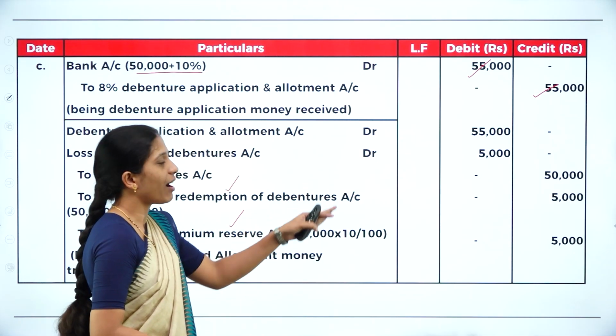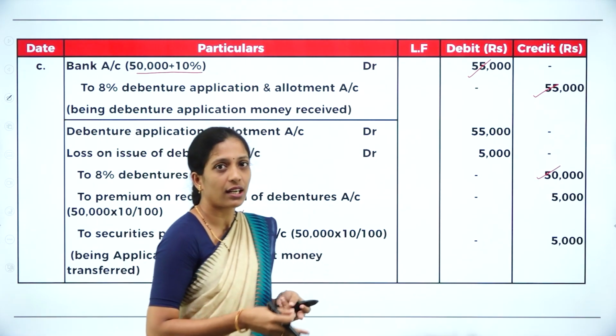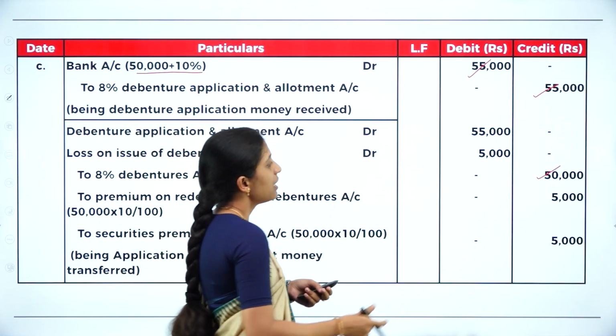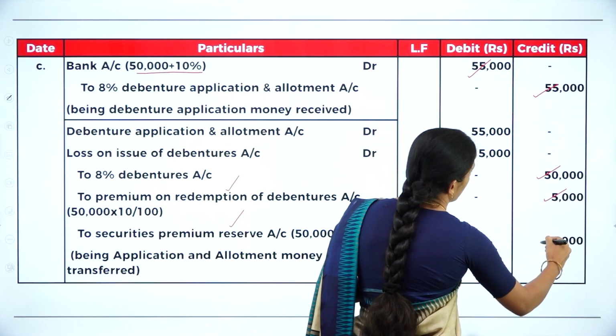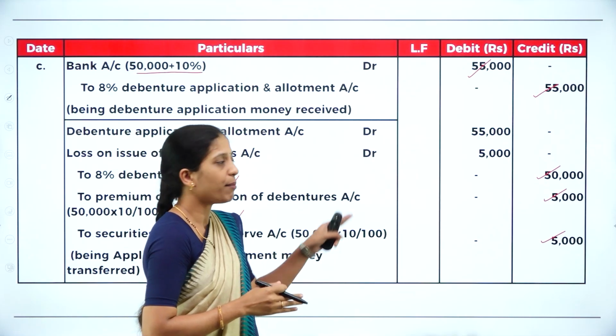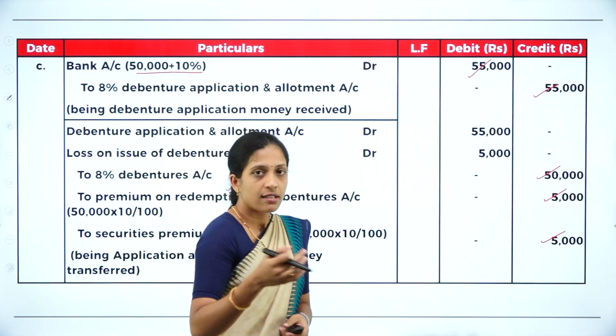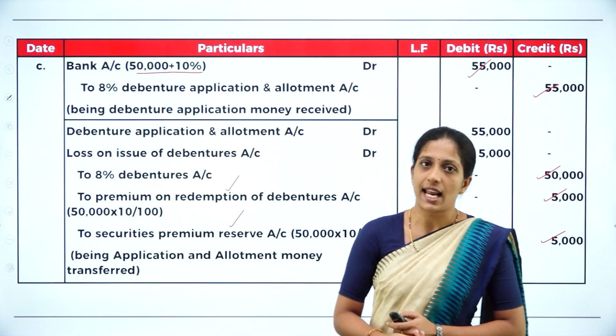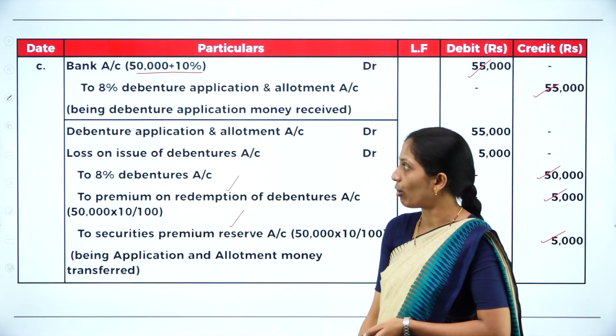Respectively, you have to put the amount there: debentures account is 50,000, issued at premium 5,000, redeemed at premium 5,000. Based on that, you will put the amount here. You can go through the sessions where I have clearly explained. This is just a solution of it.